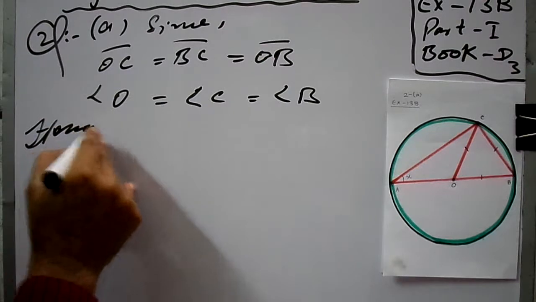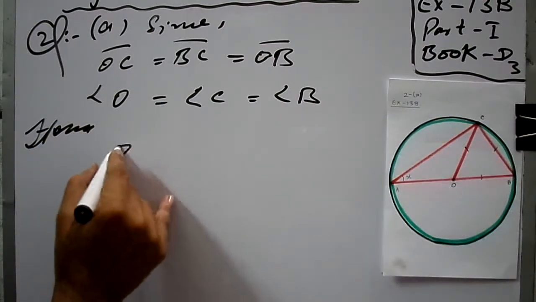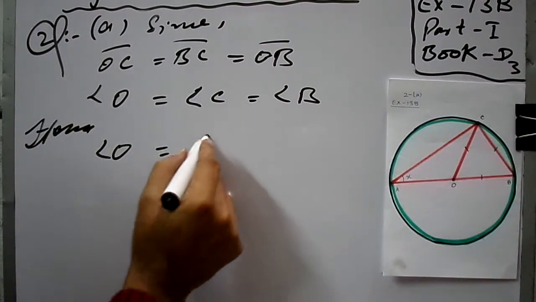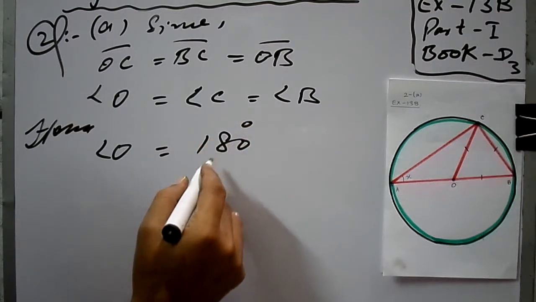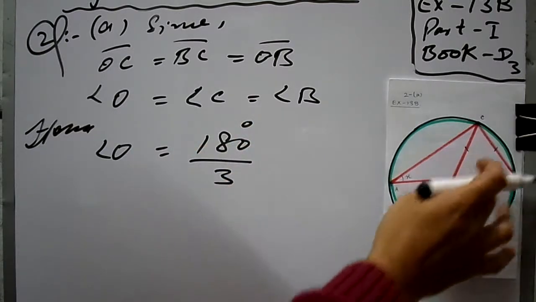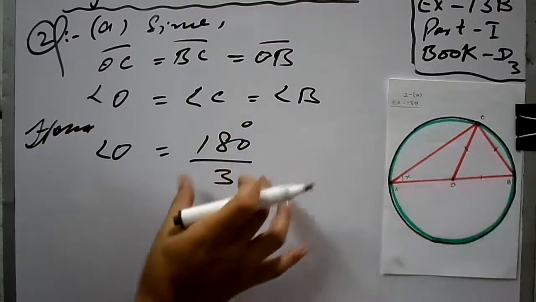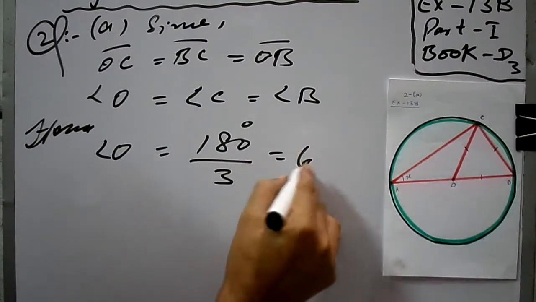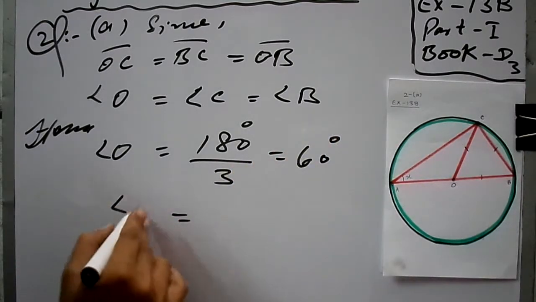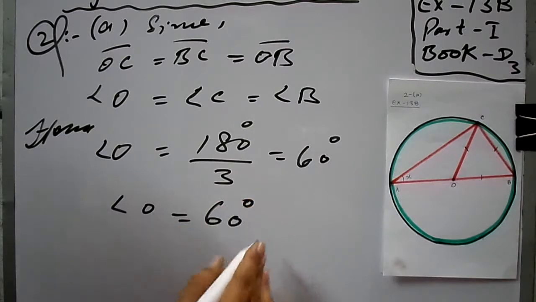One thing to be noted here, the angle O is actually 180 degrees divided by 3, because you have to divide it into 3, so you will get 60 degrees. So the angle O is equal to 60 degrees.